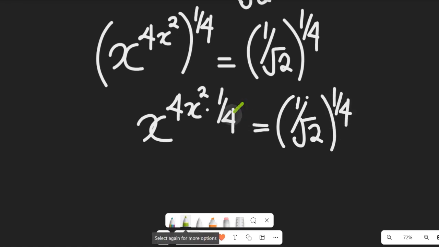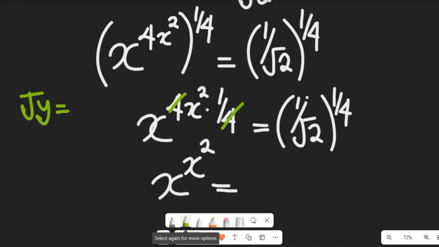From this expression, 4 will have to clear 4, right? Then I will be left with x to the power of x squared. Now recall from the left hand side that the square root of y can be equal to y to the power of 1 divided by 2, right?